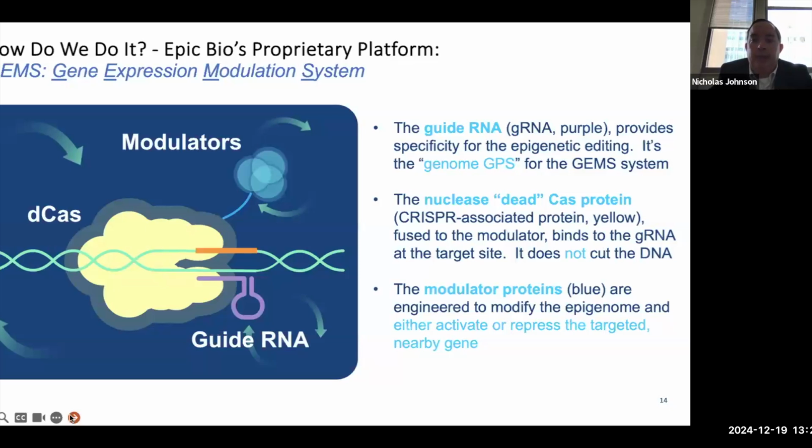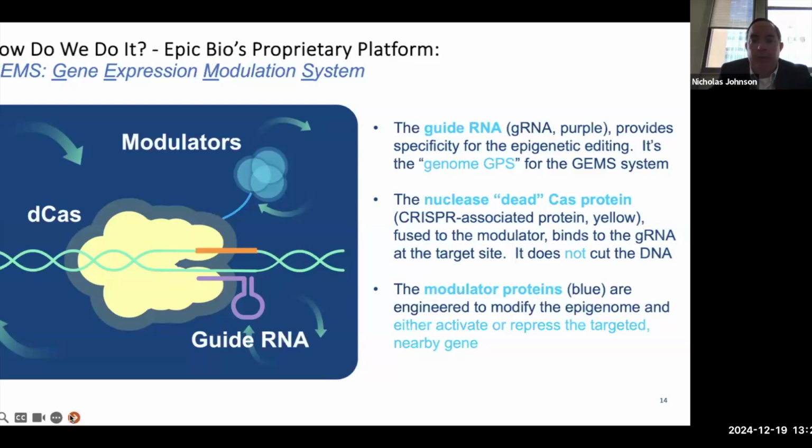Then it includes this kind of Cas protein that fuses to the modulator, and then it has these modulator proteins. The bottom line behind all of this is that the goal is to precisely target and rewind the DUX4 region.